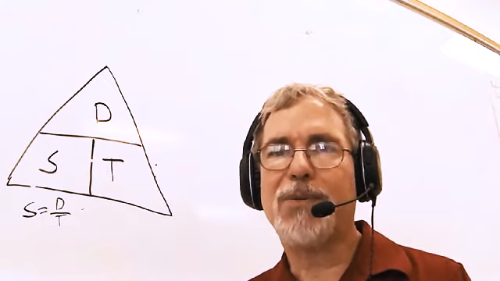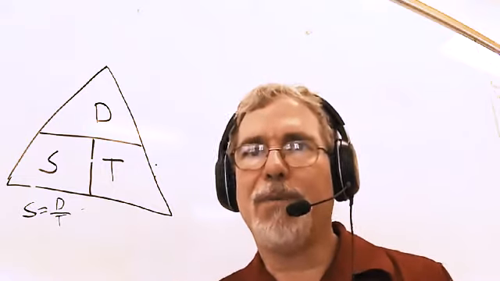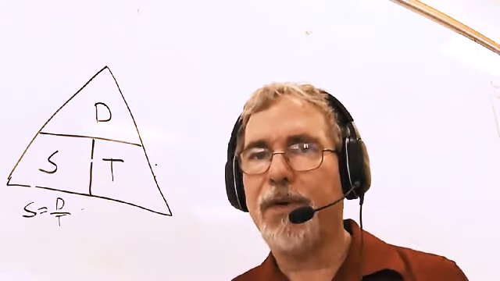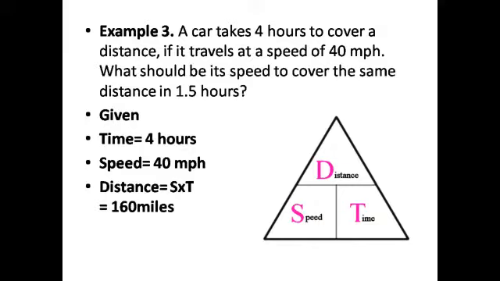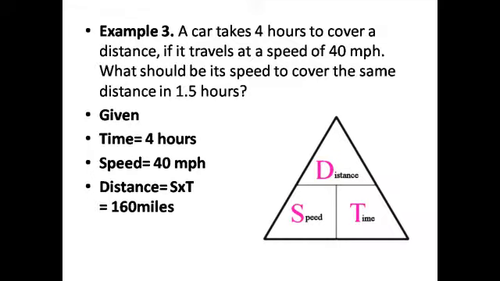So I guess what I need to do, first of all, is figure out what this first distance was, because I don't know. I have speed, I have time. Distance is speed times time. So I've got 40 times 4, and that gives me 160 miles. That's the first part of the problem.